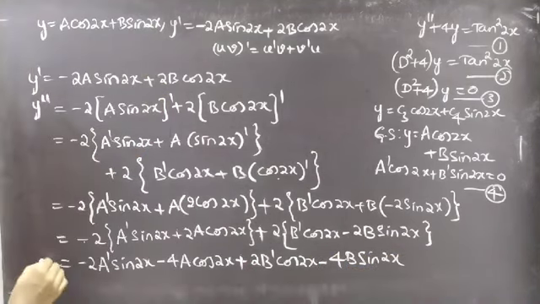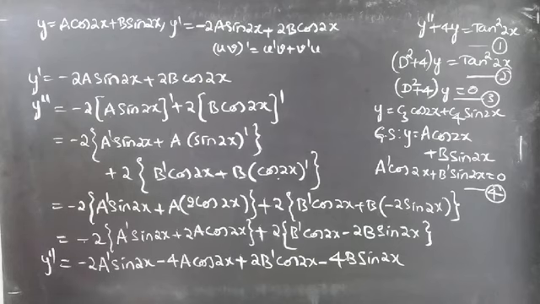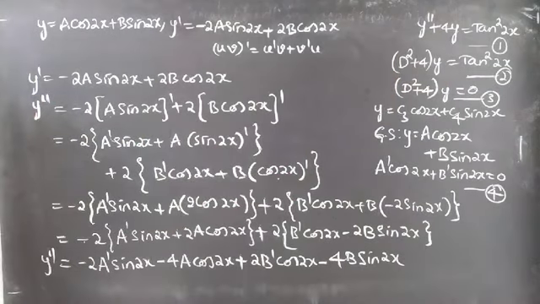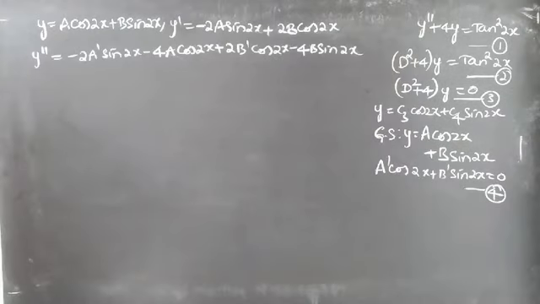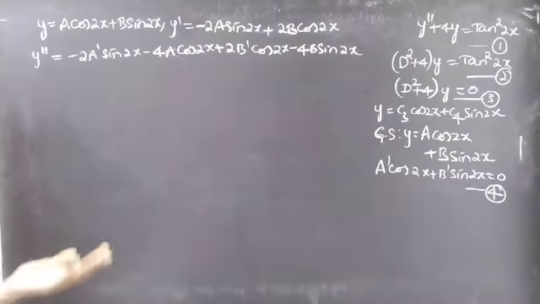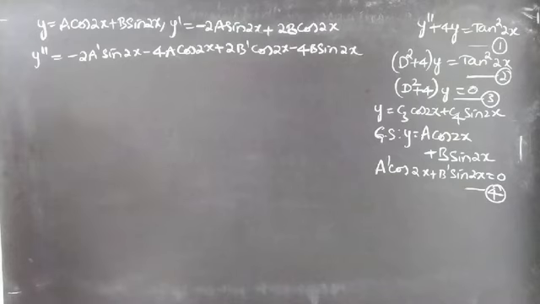So we got y'' and we are having y and y'. Let's now substitute y'' and y in equation 1. Here we said that y equal to a cos 2x plus b sin 2x is a solution or general solution of equation 1, right? Then y should satisfy that equation.